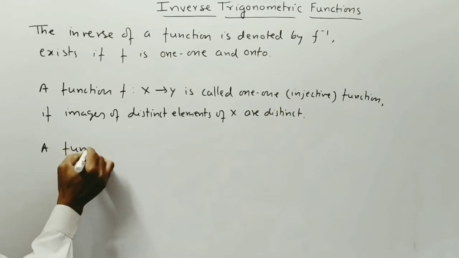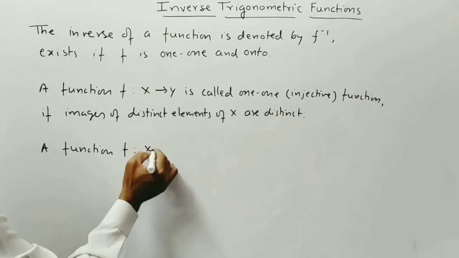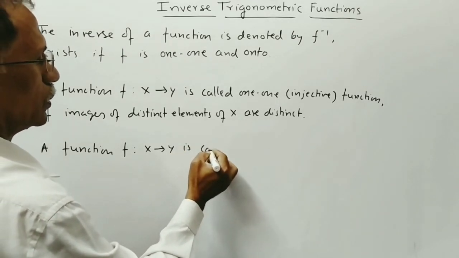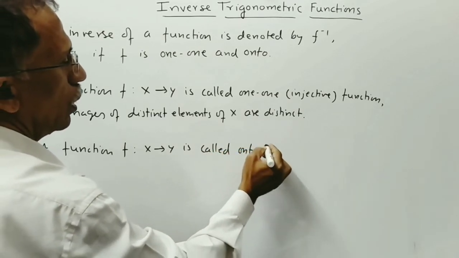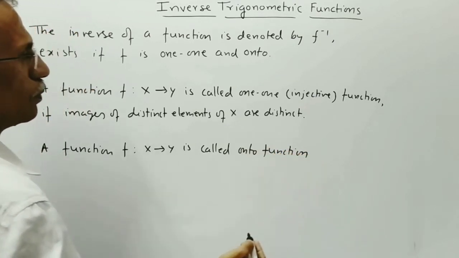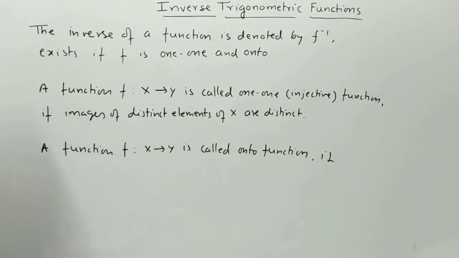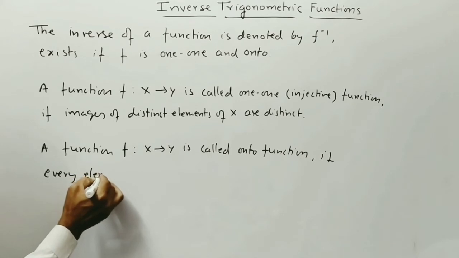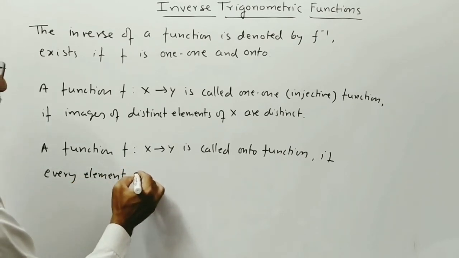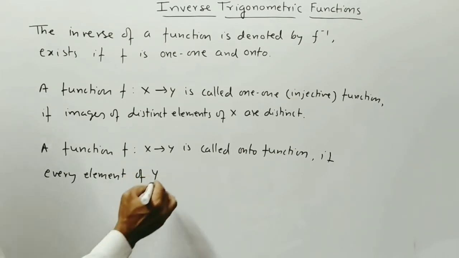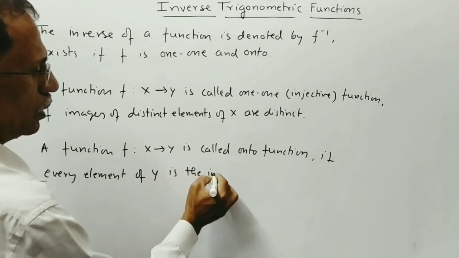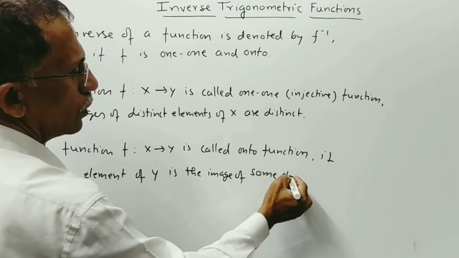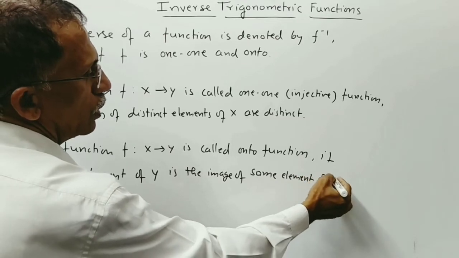A function f from x to y is called onto function if every element of second set y is the image of some element of x.